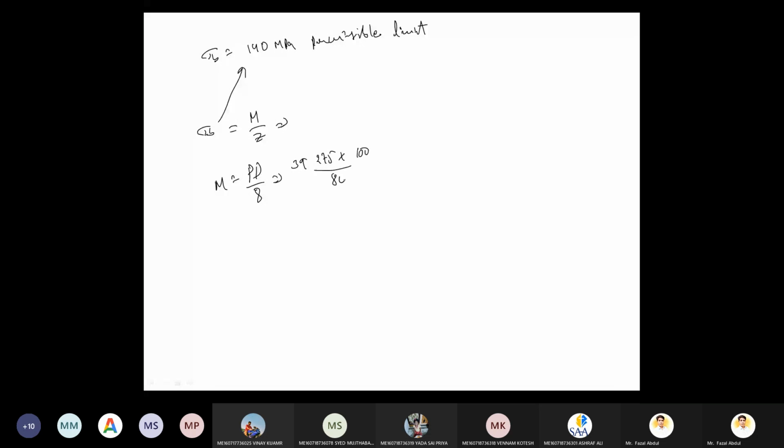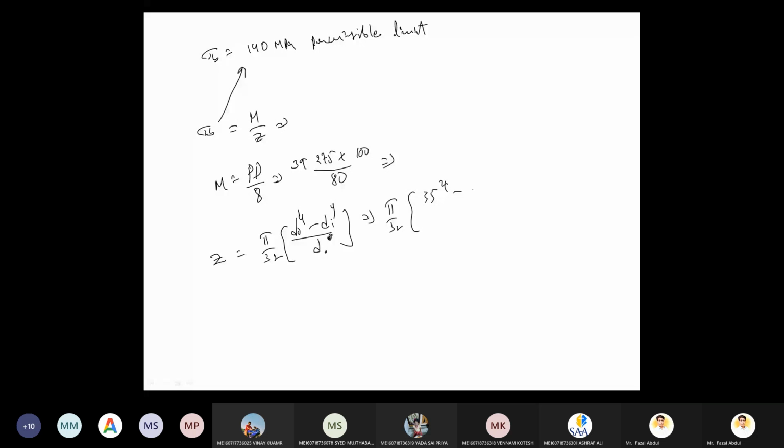Section modulus: because the piston pin is a hollow circular portion, it is pi by 32 into d naught power 4 minus di power 4 by d naught, that is pi by 32 into 35 power 4 minus 21 power 4 by 35.